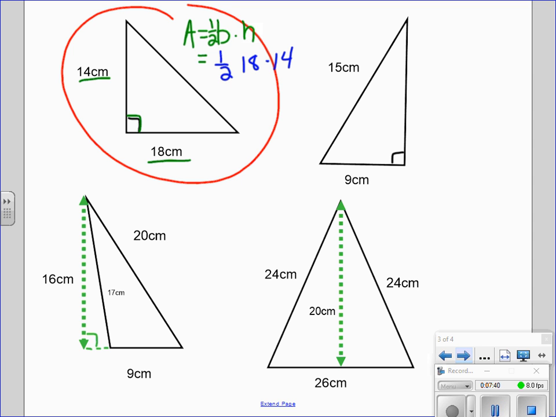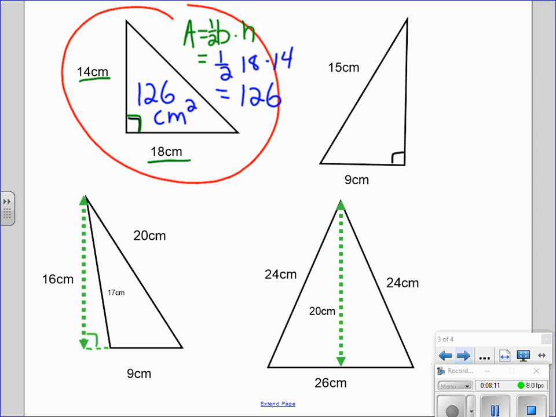So I've got 18 times 14 and it's 252. And then I'll just divide that by 2 and I got 126. My goodness, 126. That's about as many days as it took me to sail over here. Looks like I've got 126 centimeters squared, or square centimeters for all of you North American types.